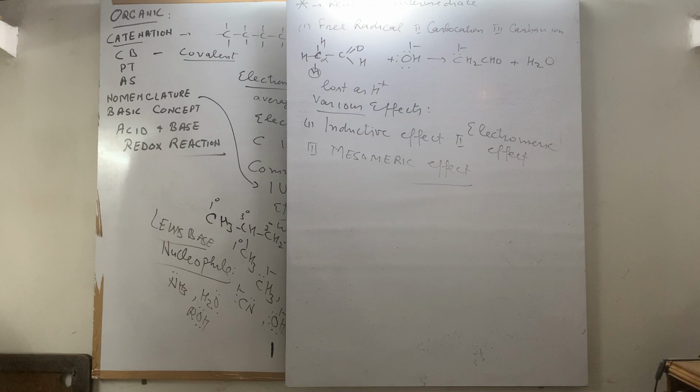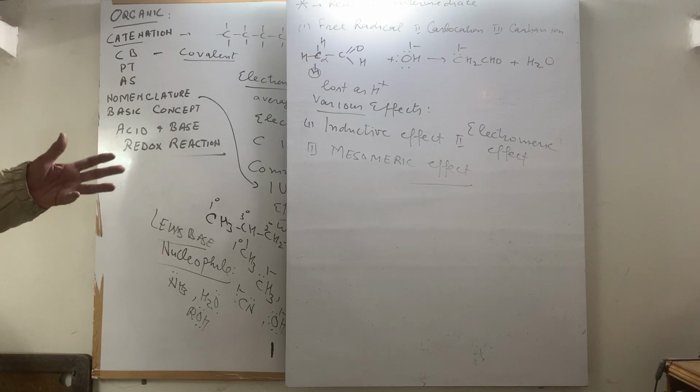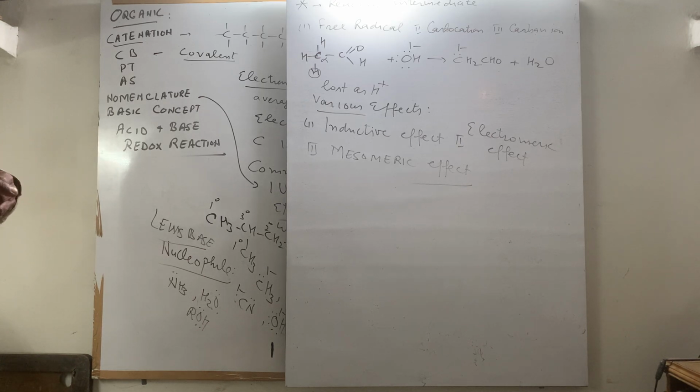Very important thing, because whatever these effects explain will determine the nature of the product formed. For example, in Markovnikov's addition, propene plus HBr gives 2-propyl bromide. Why not 1-propyl bromide?